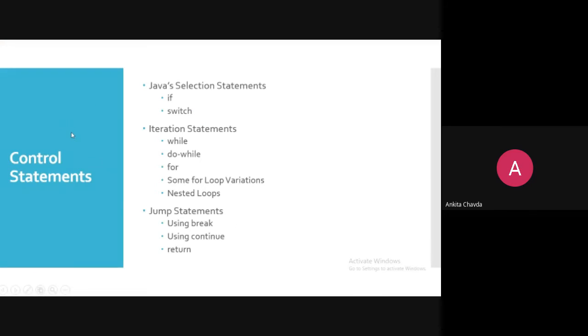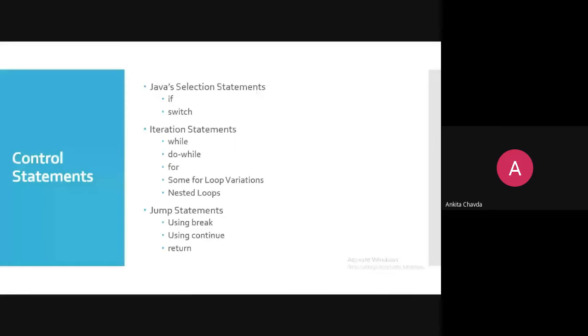Here Java provides selection statements like if and switch, and some iteration statements like while, do while, for loop, and some for loop variations like for each. That also we will learn, which is the new thing in Java.